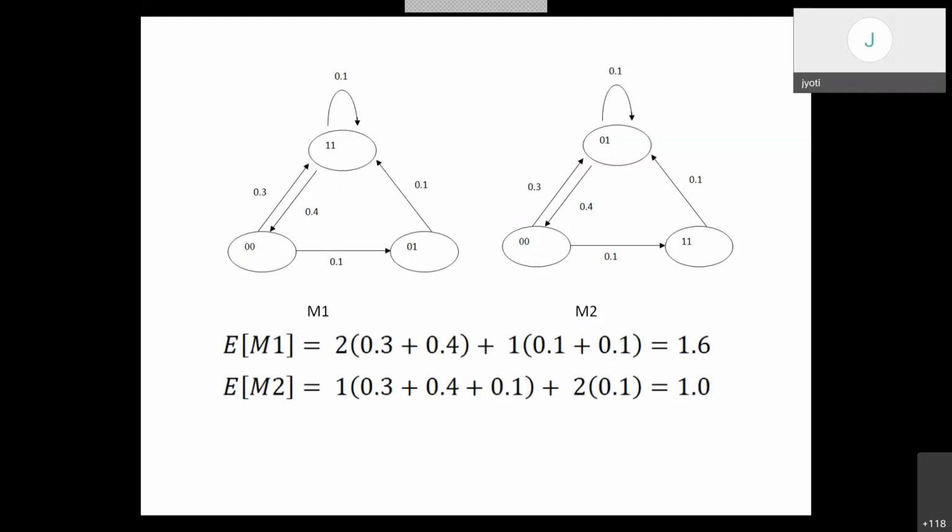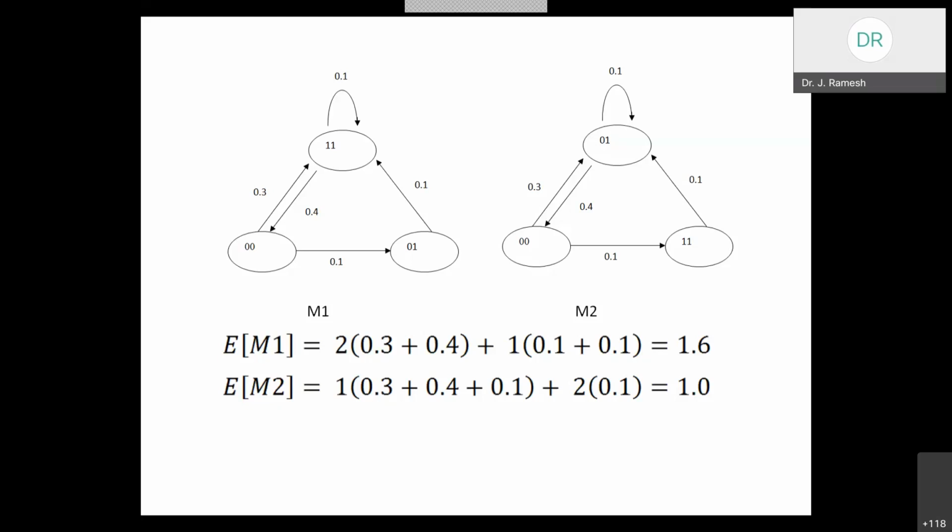Then plus 1 into 0.1 plus 0.1, because for each of these transitions it is only 1 bit change. So that gives us 1.6 for the first machine.